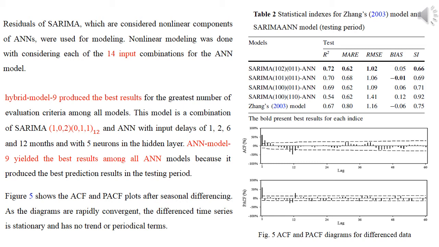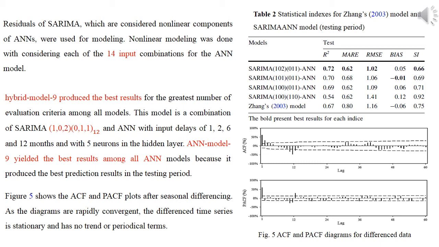The residual of the SARIMA model is non-linear, so that residual was considered as input for the ANN model, and the ANN 9 model yielded the best result among all the ANN models. So ANN 9 and SARIMA (1,0,2)(0,1,1) were combined to make this hybrid model, and it produced the best prediction result in the testing period.